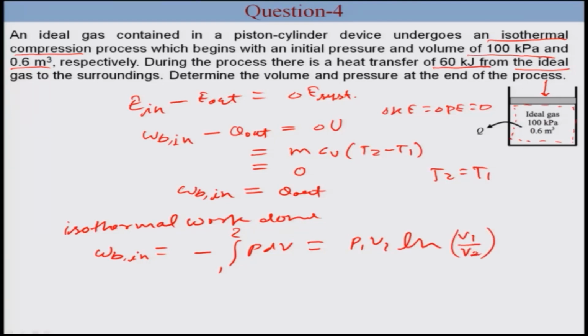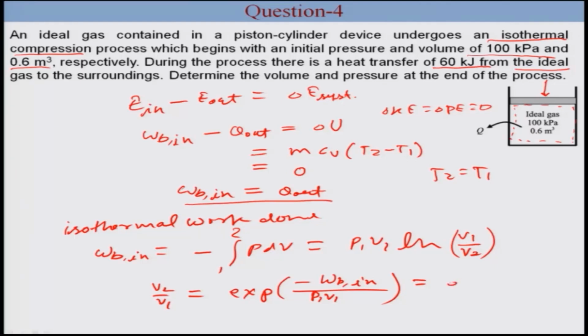So this is work done during this isothermal compression. This gives us V2 upon V1, after rearranging, equal to exponent of minus W work in upon P1 V1. Okay, so from here we know that Wb is equal to Q out. So plugging this value here, exponent of minus Q out upon P1 V1.